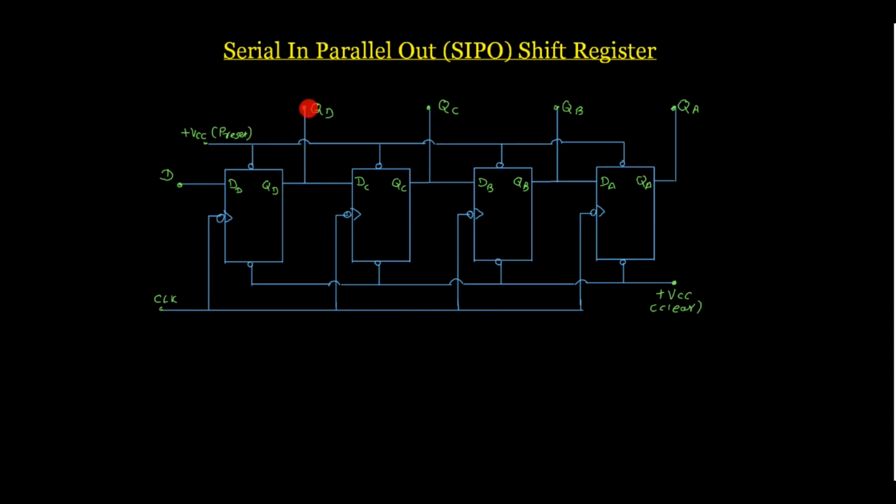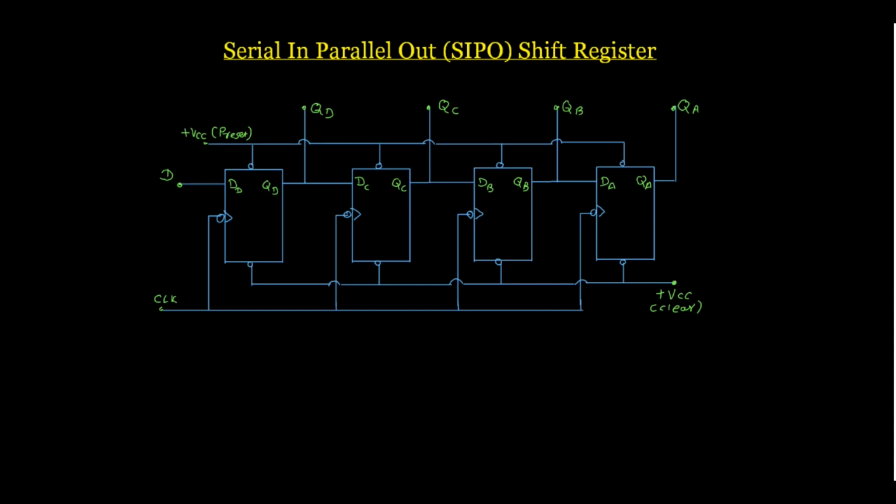So the QD output is there, QC output is there, QB and QA. So we have a 4-bit binary number, with 4 different outputs of the flip-flops. So QD, QC, QB, QA is representing the output of a SIPO register, and we observe this data in a parallel fashion. So this is a serial in parallel out SIPO register.